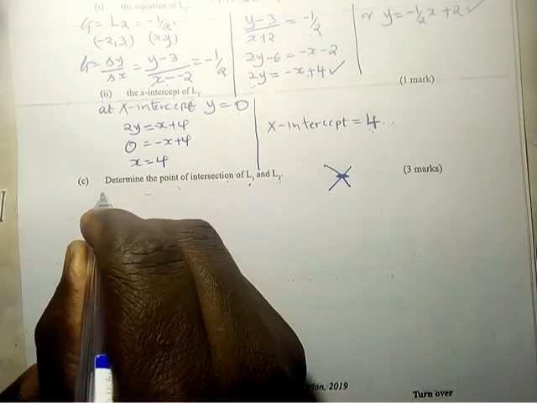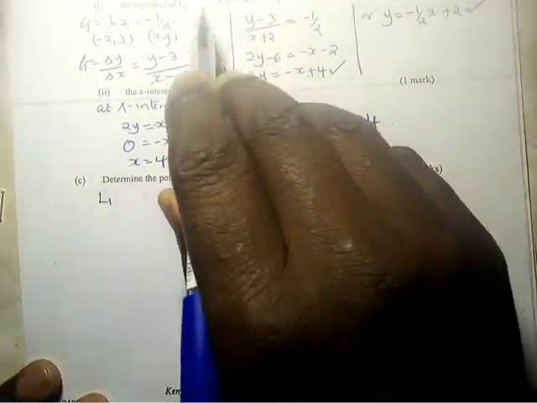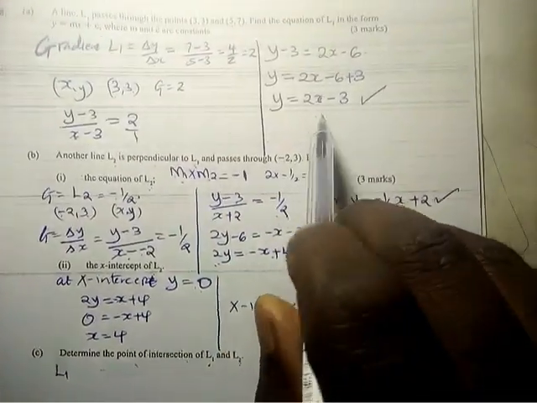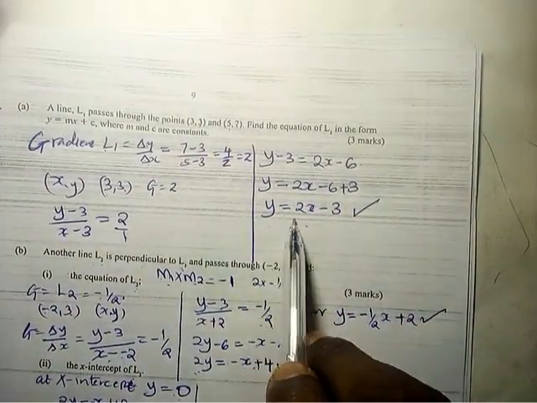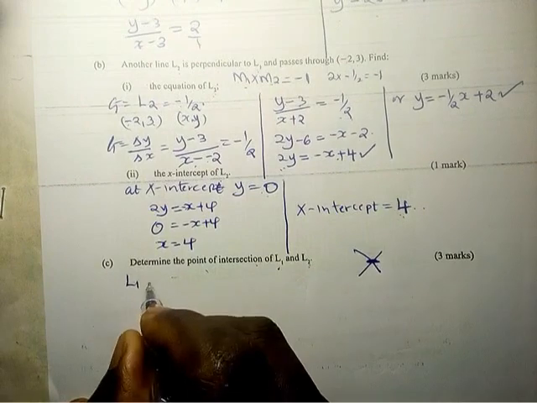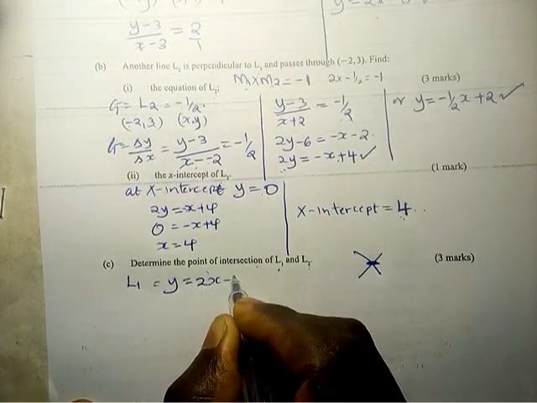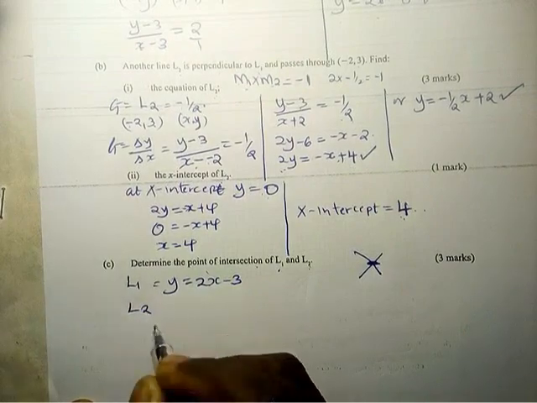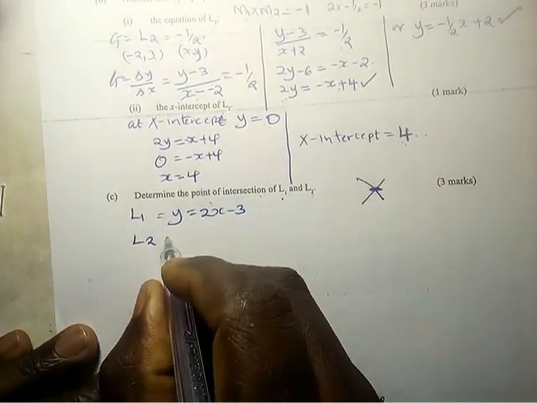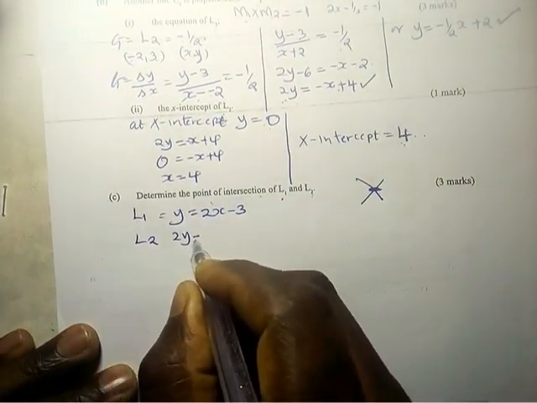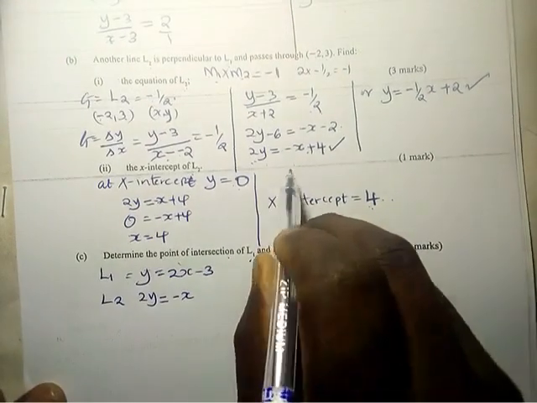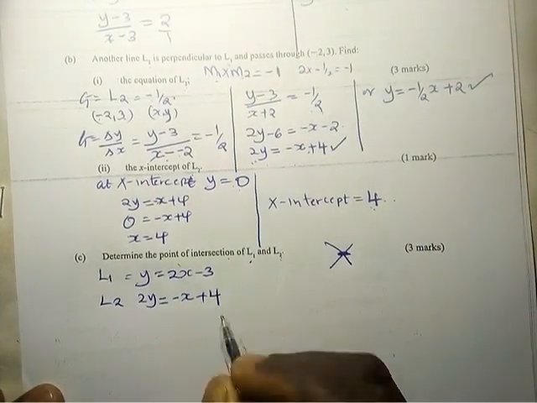So equation of L1, its equation is this: y is equal to 2x minus 3. Line 2, the equation we have got here, 2y is equal to -x plus 4.